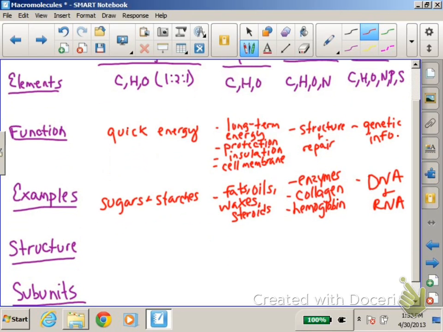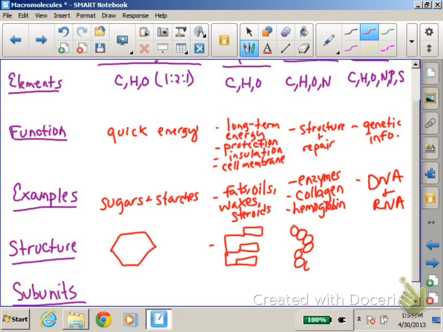As far as structure goes, your carbohydrates are always going to be shaped something like this. And you'll understand that more if you ever take organic chemistry. Your lipids are shaped like this. Your proteins are made of amino acids, so they are shaped like this. And then your DNA and RNA, let's just do DNA. Remember, it is a double helix.